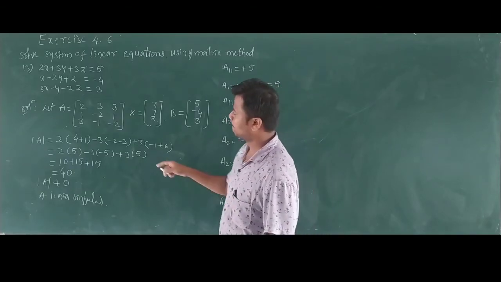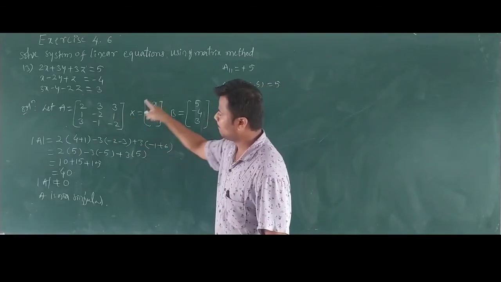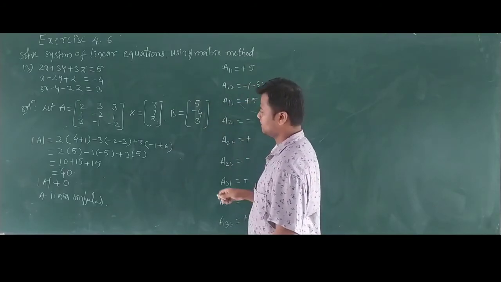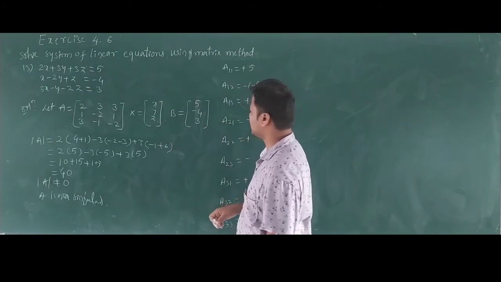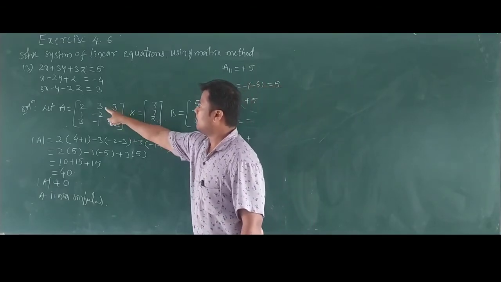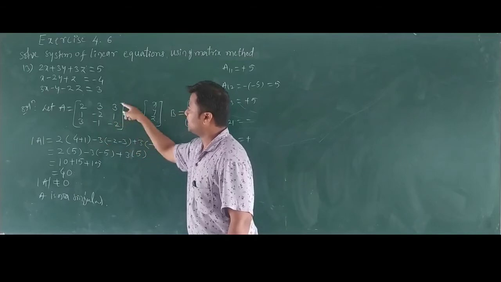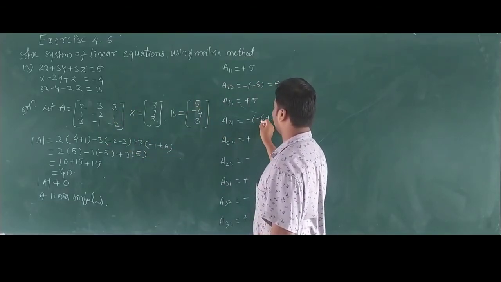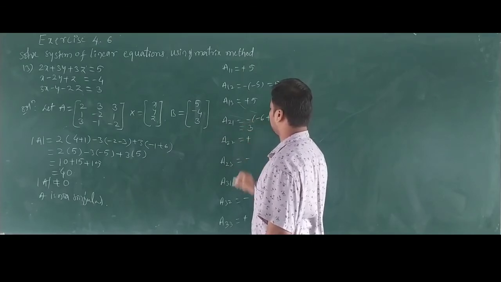A13 is minus 1 plus 6, 5 again. Next A21: minus 6 plus 3, minus 3, with sign minus minus plus, plus 3.